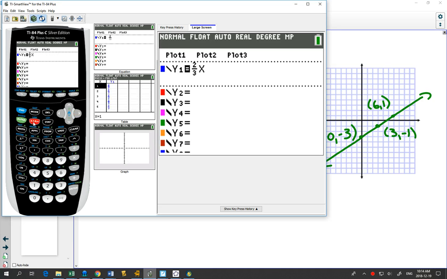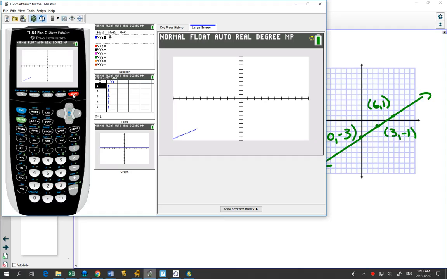x minus 3. So it looks identical to my equation that we had before. What we want is for our calculator to graph this same line that we have over here. So we hit graph. Oh, it looks really nice. Beautiful.